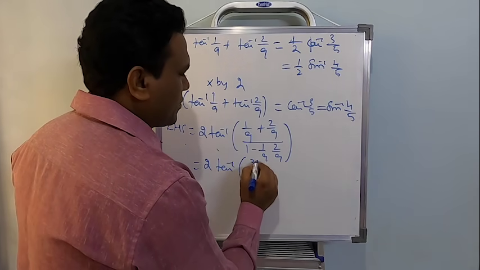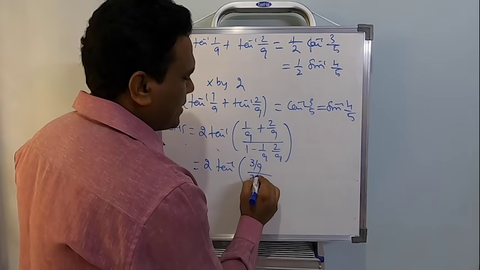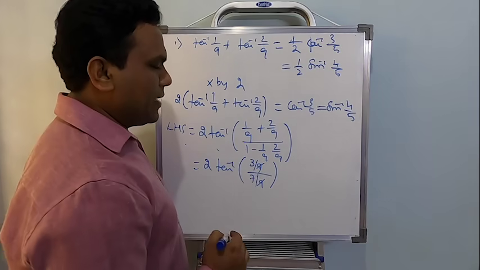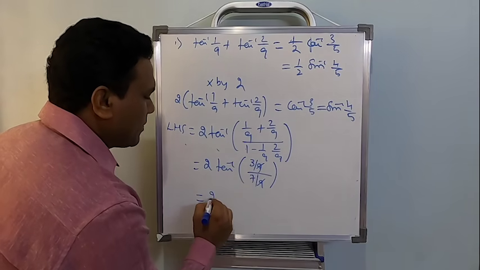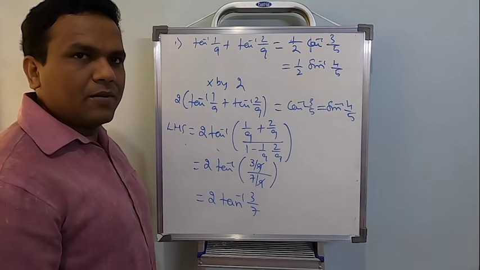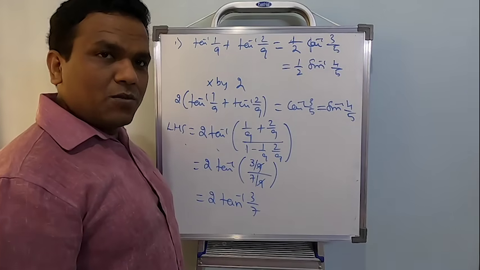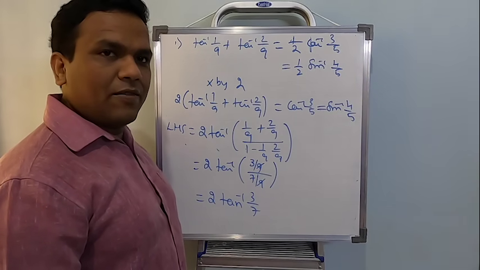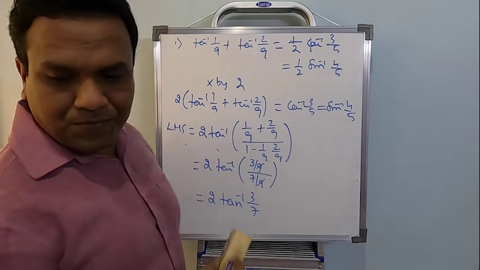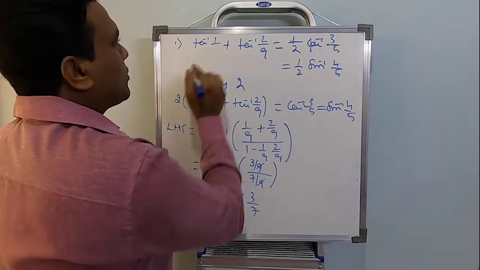On taking LCM, this will be 3 by 9, and the denominator is going to be 9 minus 2, which is 7, so 7 by 9. So this gets eliminated now. What's the remaining thing? The remaining thing will be 2 tan inverse 3 by 7. Right, okay. Do we have a formula of 2 tan inverse in terms of sin inverse and cos inverse? Certainly we have. Okay, so let's apply the formula here. 1 by 4. Sorry, I made a mistake. It was 1 by 4.